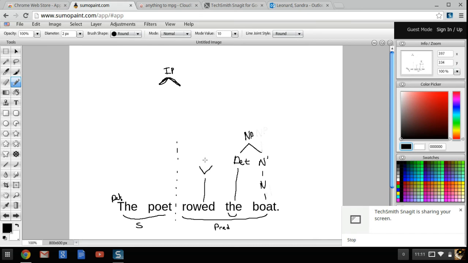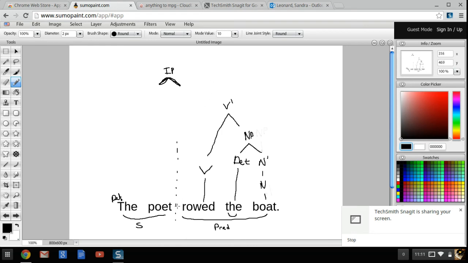Rowed is a verb. Now, because we have a complement here, bam, that's our V bar. Well, I don't have anything before this, so if it said the poet quietly rowed the boat, then I would attach that quietly on to form my verb phrase.